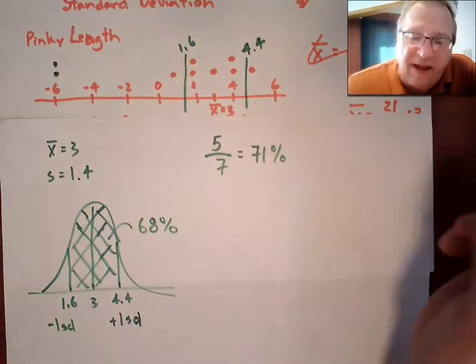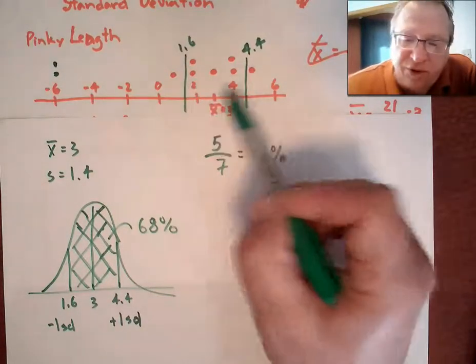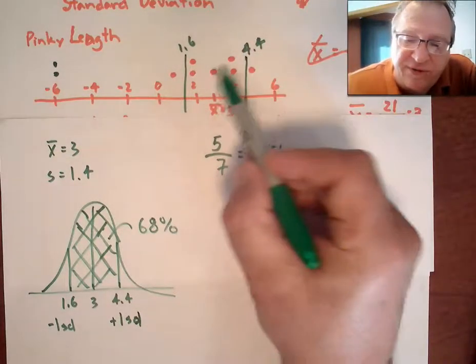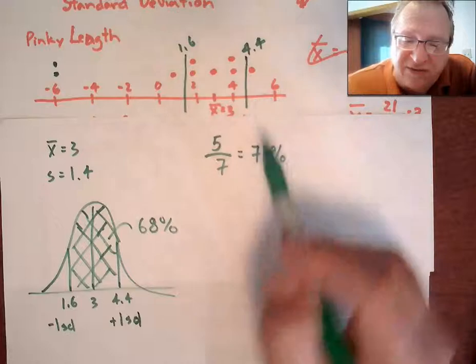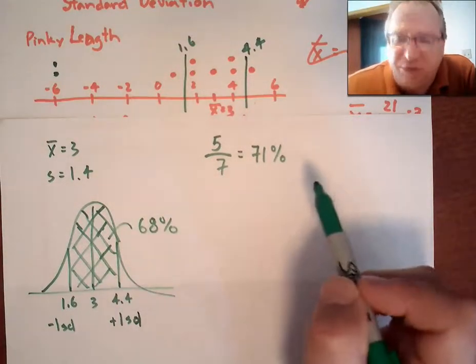And I counted how many data points I have between those two plus or minus 1 standard deviation. I have 1, 2, 3, 4, 5 points out of 7, and I calculated that 5/7 is 71% of our data.